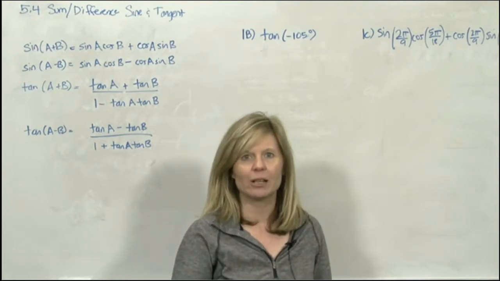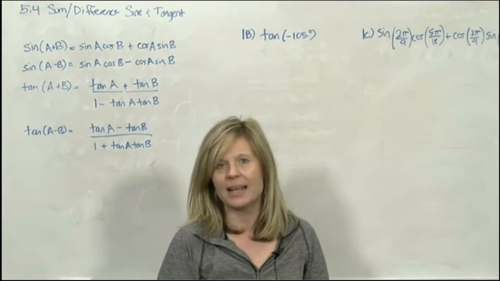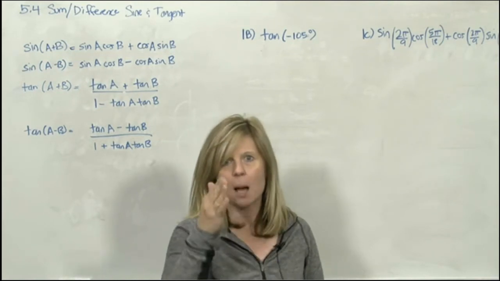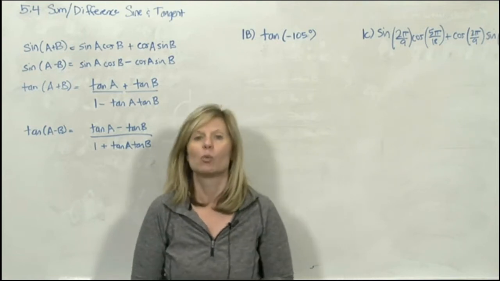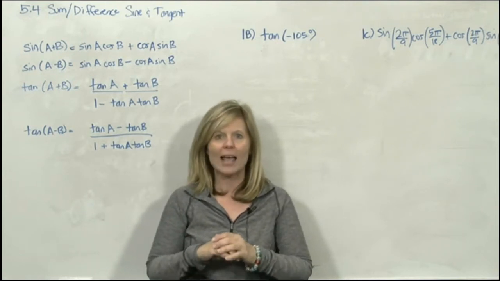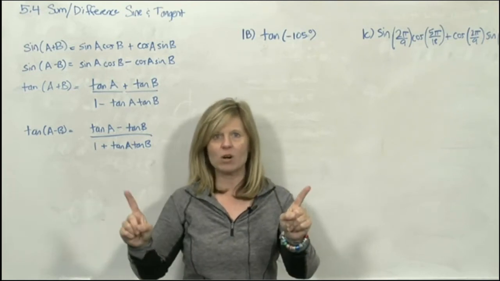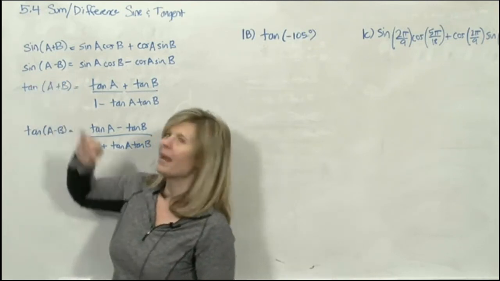And sure enough, if you think long about that for a minute, it makes sense. You can rewrite 75 degrees as 30 degrees plus 45 degrees. So what you're doing is you're changing one angle, 75, into two angles, 30 and 45. So that's where the alpha and beta come from.